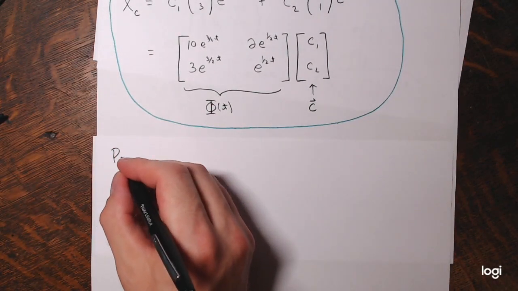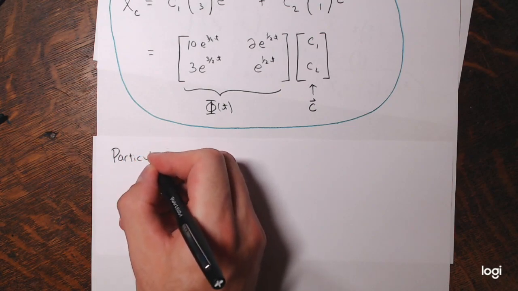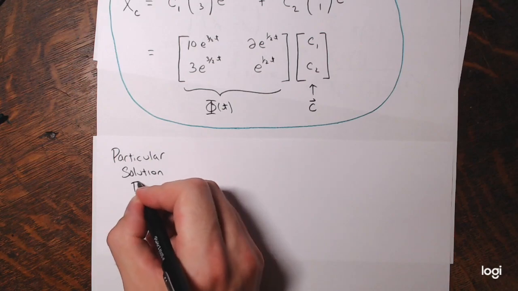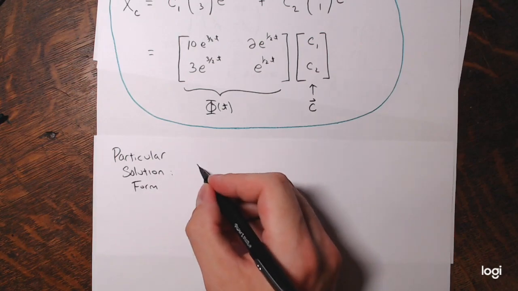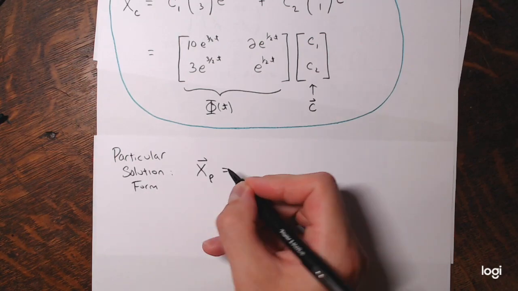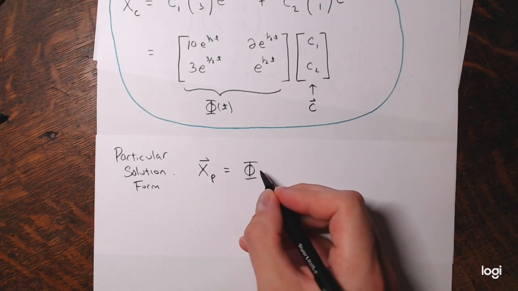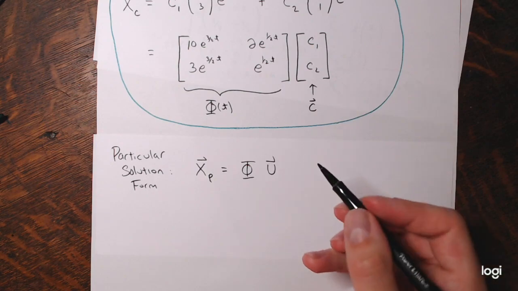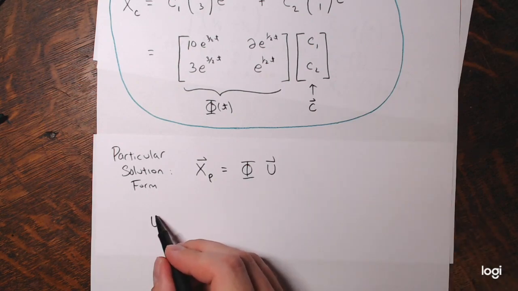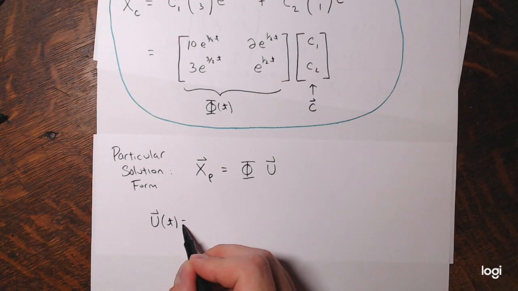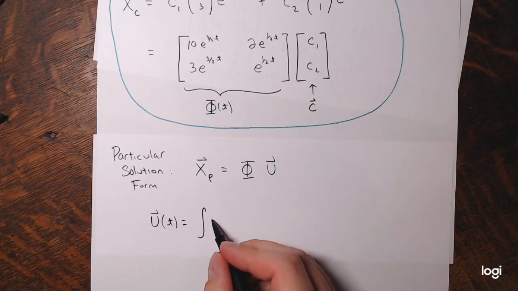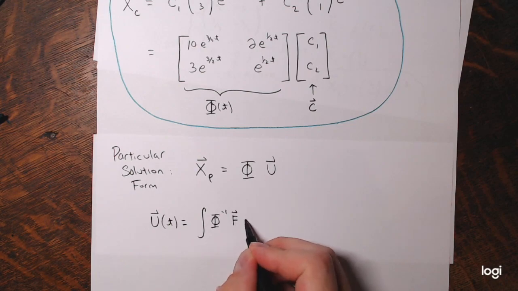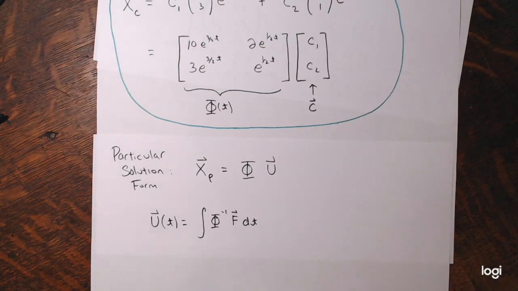So the form of a particular solution, xp, is going to be phi, this fundamental matrix, times u, where again u, I have to find using the integral of phi inverse times f with respect to t.